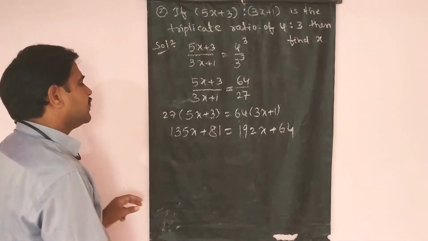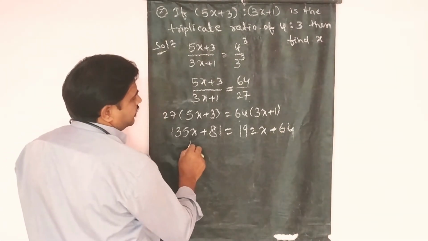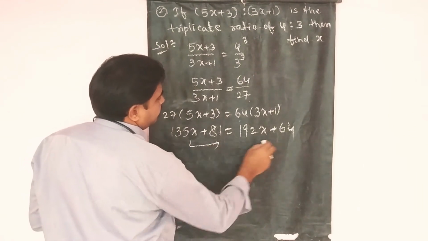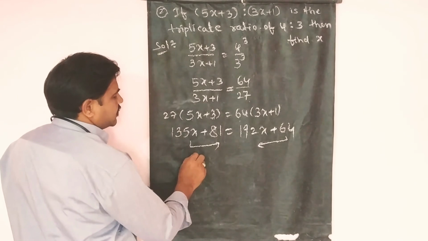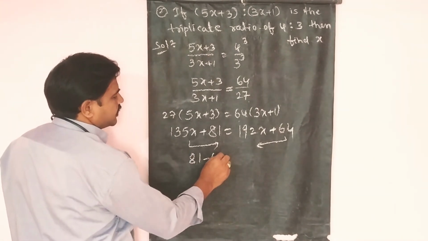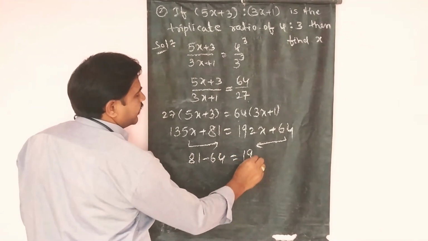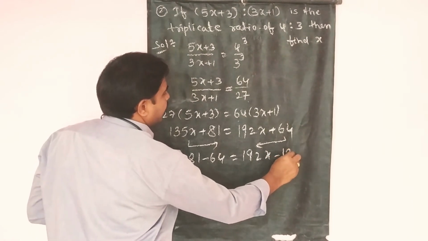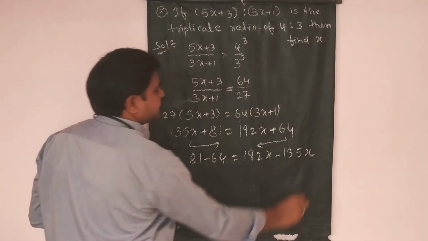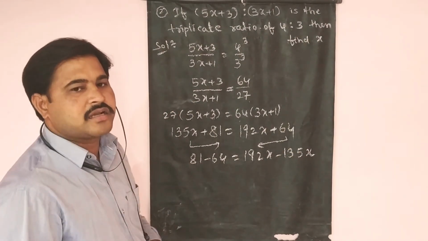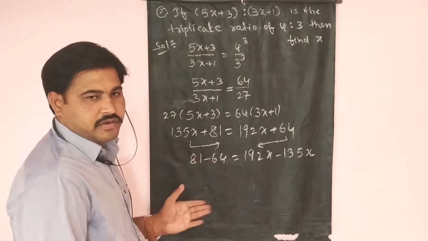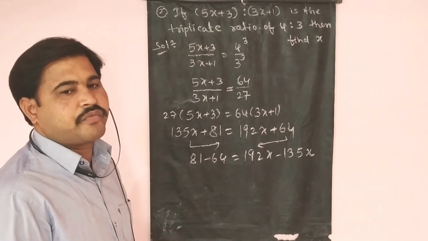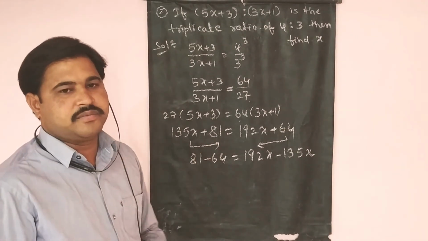Now take the 135x to the RHS side and take the 64 to the LHS side. This is 81 minus 64 is equal to 192x minus 135x. Taking all the x values to one side and the constants to the other side, to find the x value.